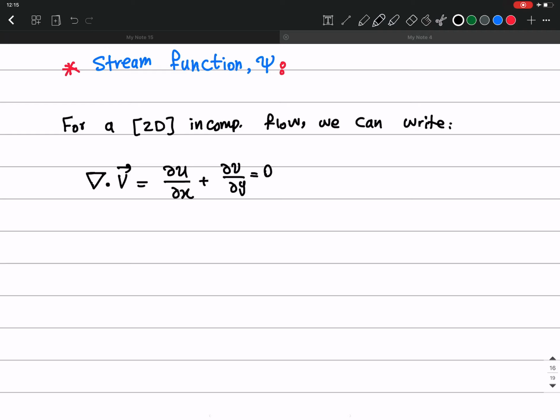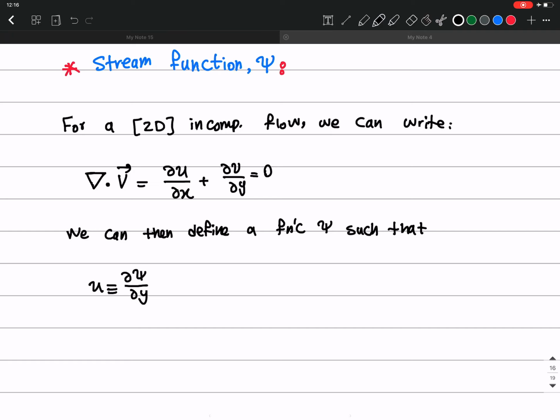So now based on this, we can then define a function psi such that u is partial psi over partial y.